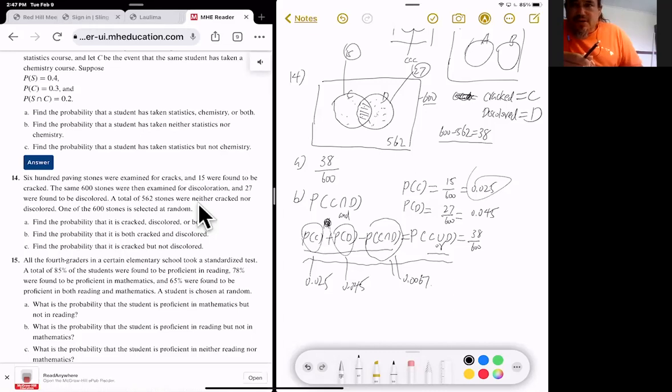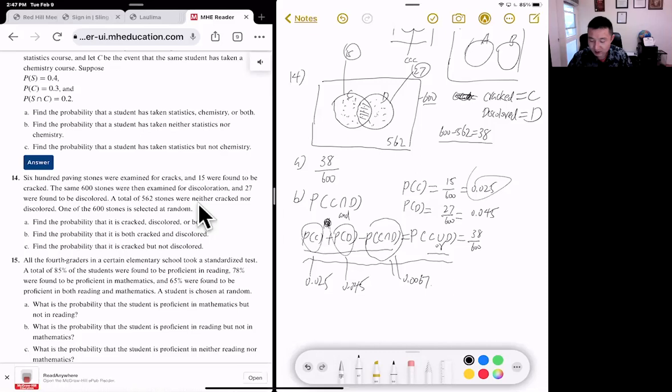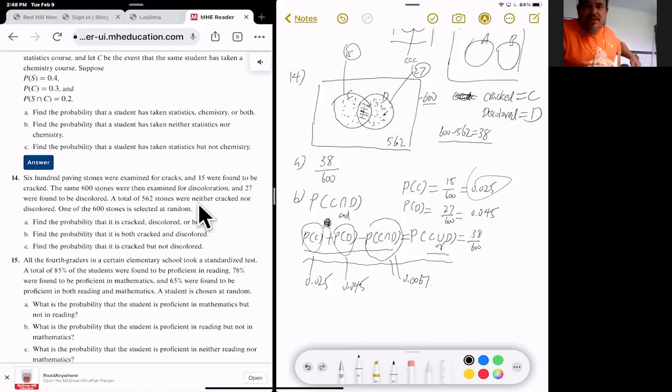I'm a little confused here. If you understand what OR is, P of C or D is just anywhere within the circles of C and D, any points within C and D. So that is equal to P of C plus P of D minus P of C and D. This equation we discussed in chapter 2. If I understand this correctly, the solution for B is the same as A?